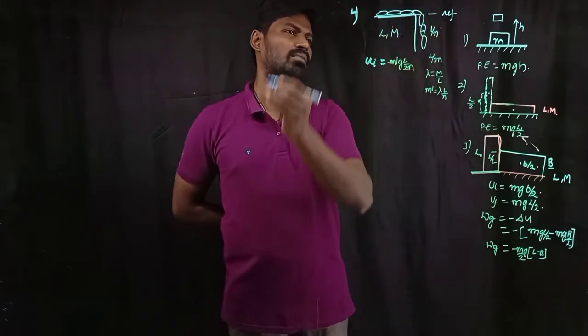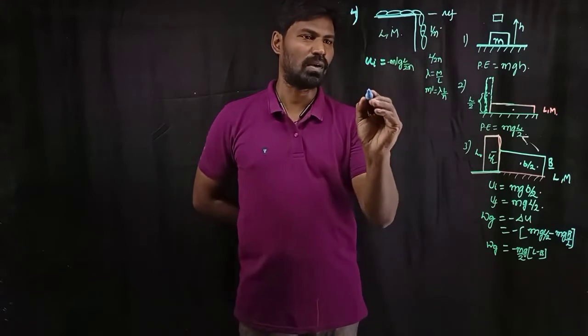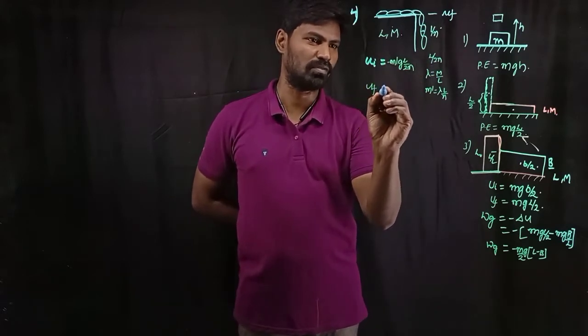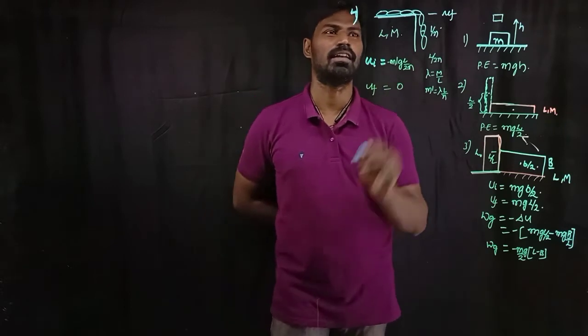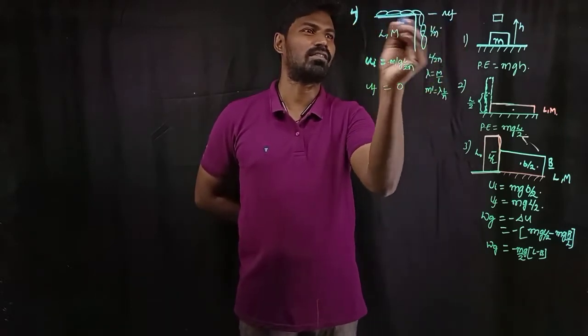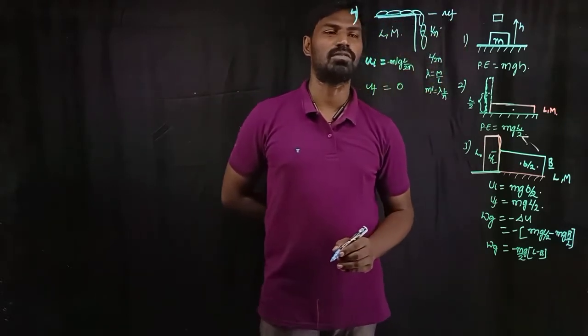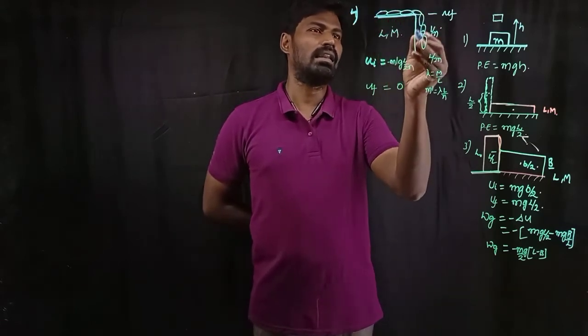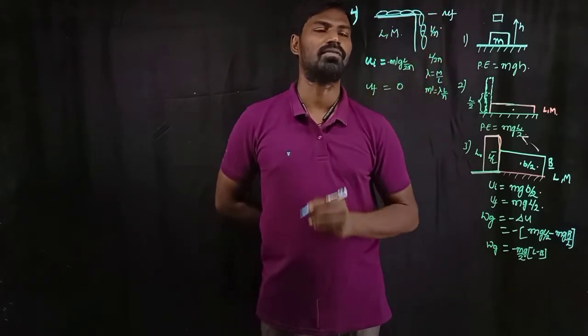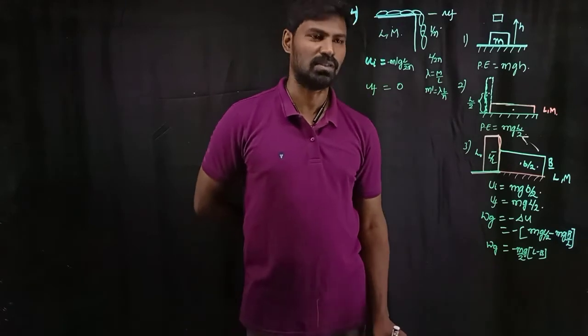When the complete chain comes onto the surface, what is the final potential energy? U_F is equal to 0. Why? This I considered as the reference level. As the complete chain is pulled onto the table, all the links of this chain are on the table only, because of which the final potential energy is 0.